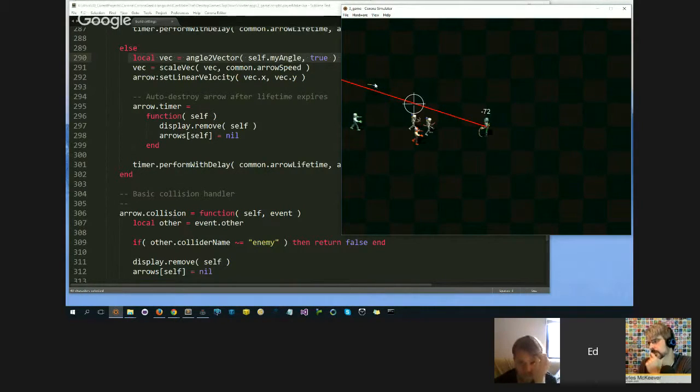Now, why is it not on the line? It's kind of hard to see, but there's a shadow here, and then there's the arrow here. Really, the body for the arrow is right here on the line. The center of this graphic is right here. But because we're using an isometric graphic that has a shadow element, does this make sense?